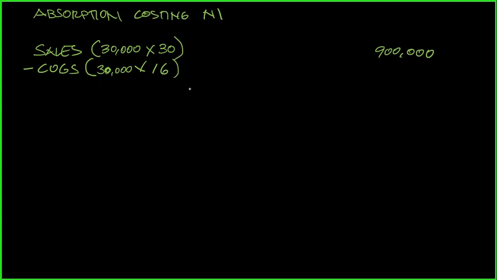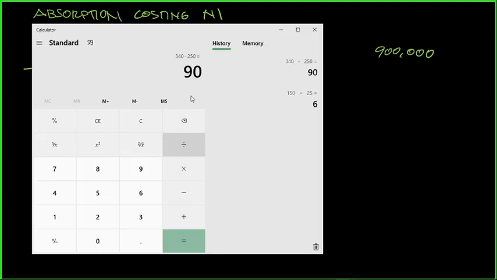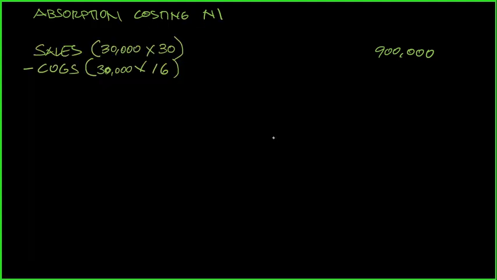Ito yata medyo kailangan ko ng calculator. Sa calculator natin, you have 30,000 times 16. It's now 480. Okay, so 480. Now 900 minus 480, that will be 420. That's your gross profit.